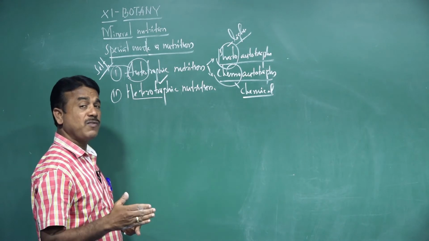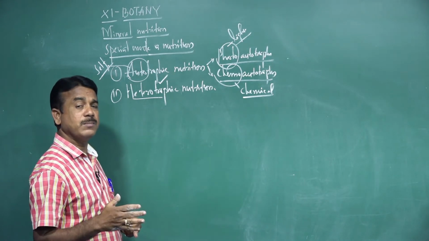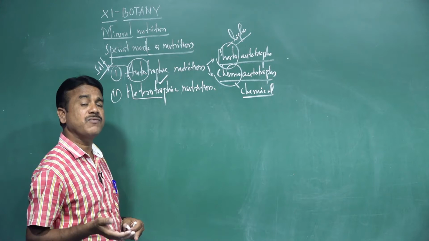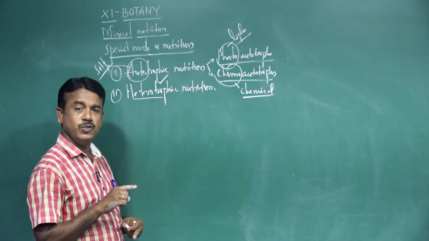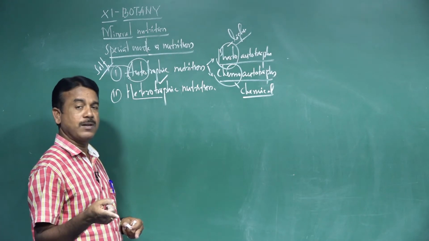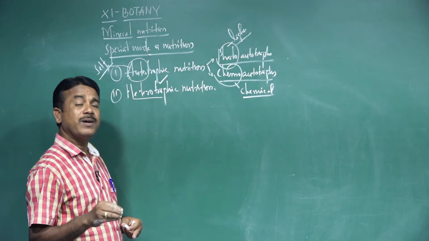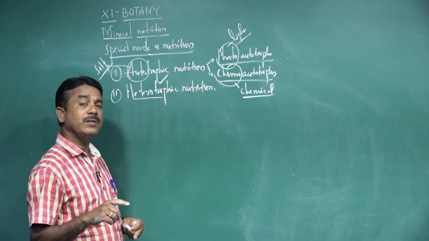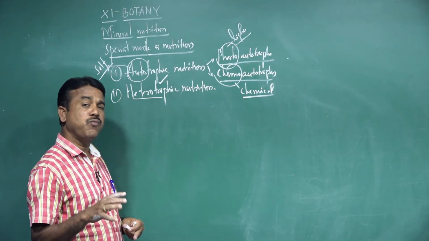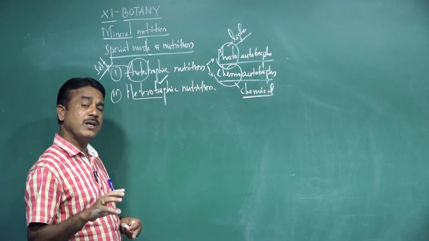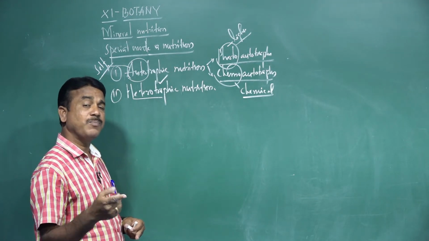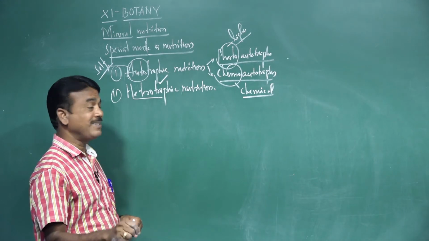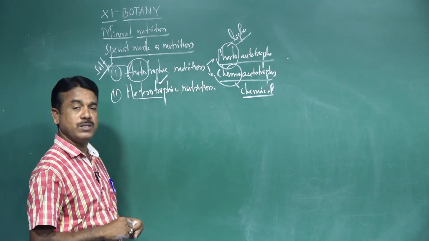In the absence of chlorophyll, some organisms cannot prepare food for themselves. To get food, they depend on other host organisms. Organisms that cannot prepare food themselves and depend on other organisms are considered to have the heterotrophic mode of nutrition.